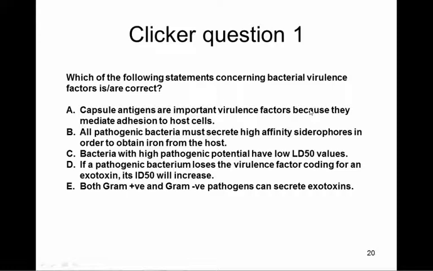The person who said no, why? Yes. So for exotoxin, this is going to be involved in directly causing pathology, harming the host. It's not involved in transmission or being able to infect a new host, okay? So probably the ID50 will stay the same.